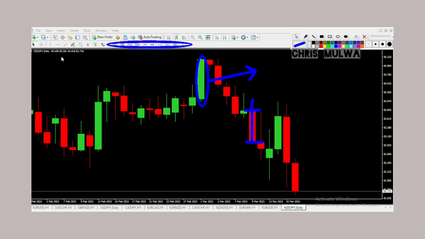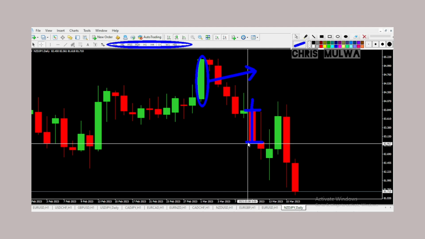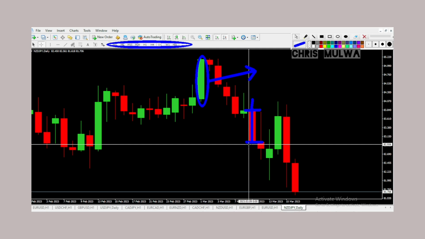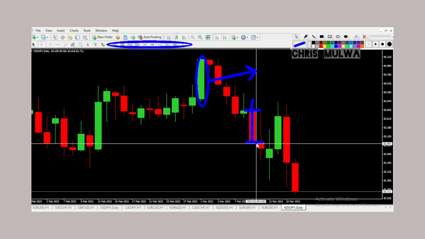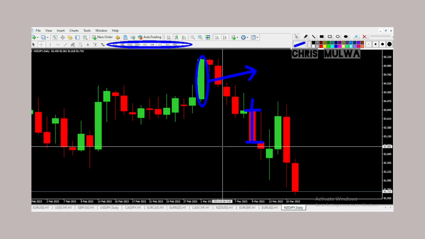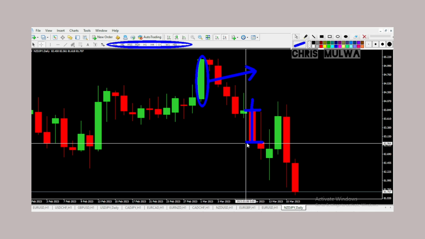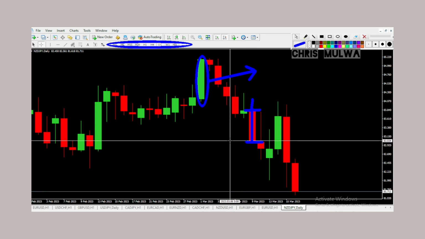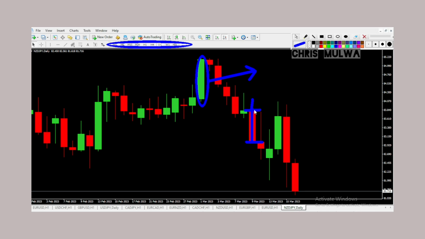Okay, so if we use the crossbar and check this, this is around midnight, 00 is again midnight. So the market opened at this point, it went down up to this point. That is the daily time frame.